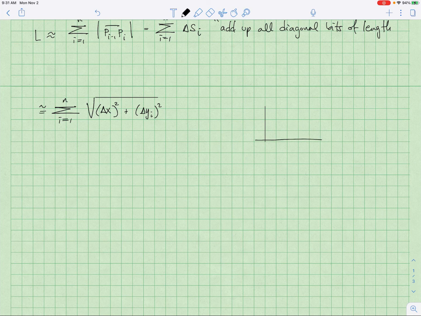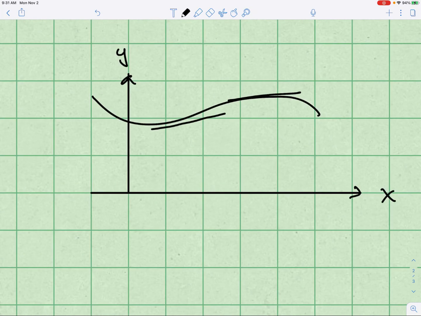Well, just like in any calculus scenario, if you have a curve and you want a better approximation, instead of using giant line segments to calculate that length, we're just going to cut this up into bits. That is to say, if I want the length between x equals a and x equals b, I will get a better approximation if I use lots of really small line segments.